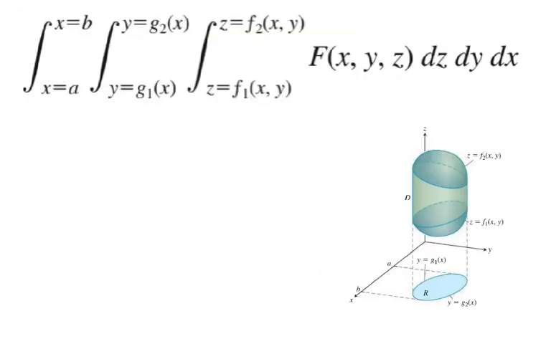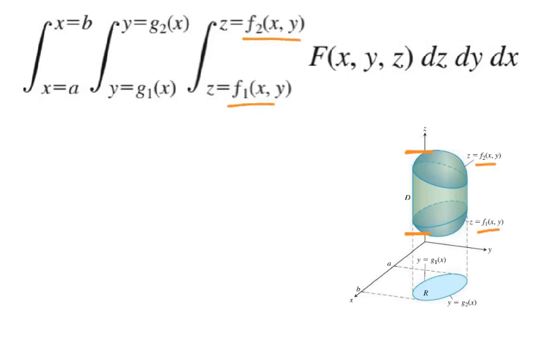Here we have our general setup. We integrate our function first with respect to z, and that z is coming from a bottom and a top. They are both two variable functions.